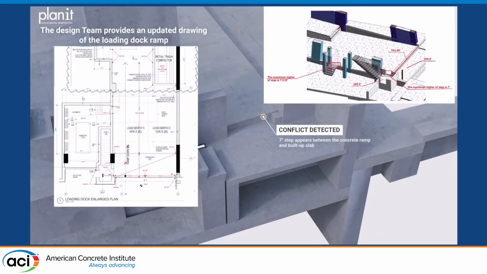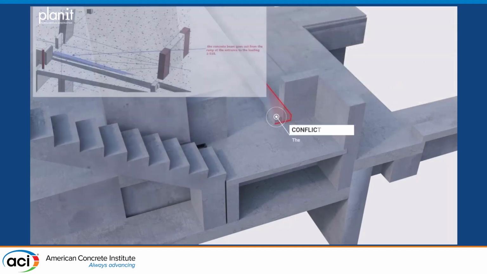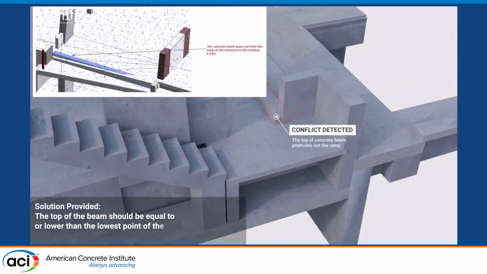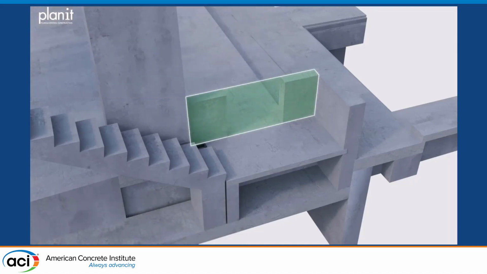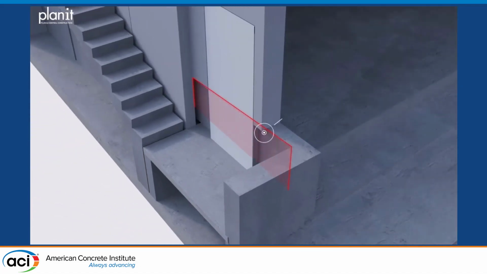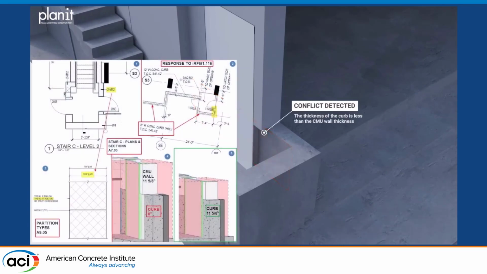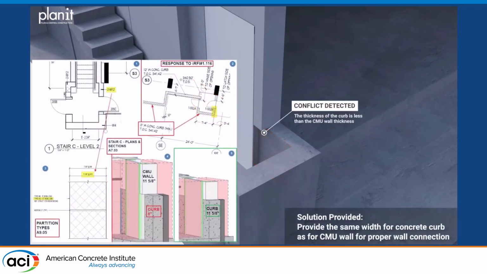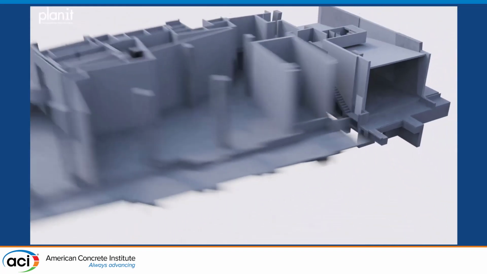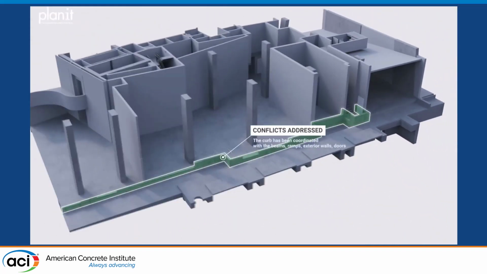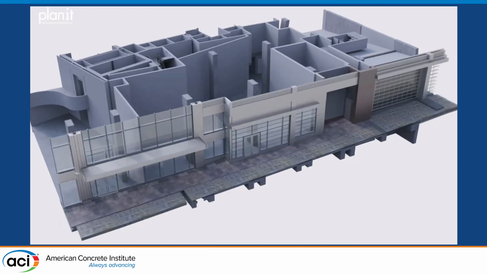Then we have a built-up slab and a ramp that weren't aligned. And then the next thing is that we need to have an opening right in that same location that supports the CMU wall up above, so we need to make the curb a little bit wider. Once we're through all of that, then we have a curb that's fully coordinated that can actually receive the storefront, and now we have buildable design.